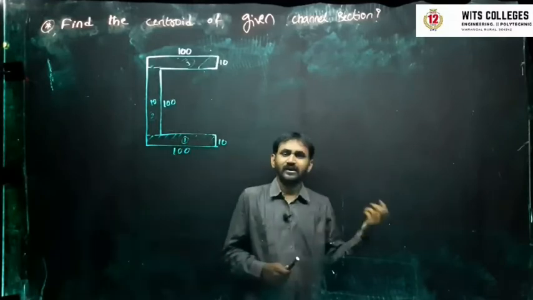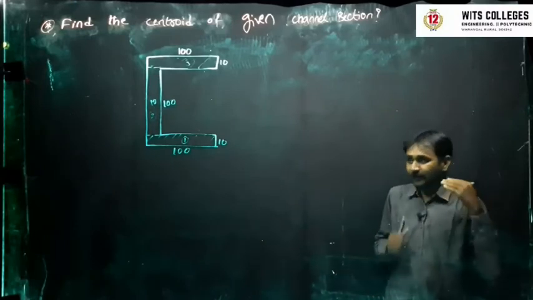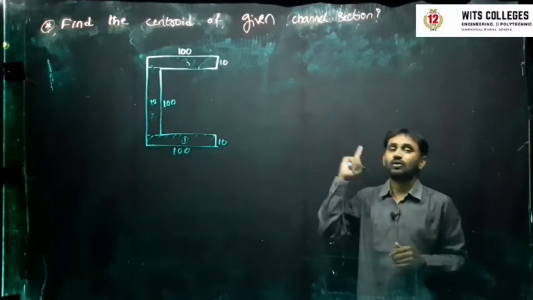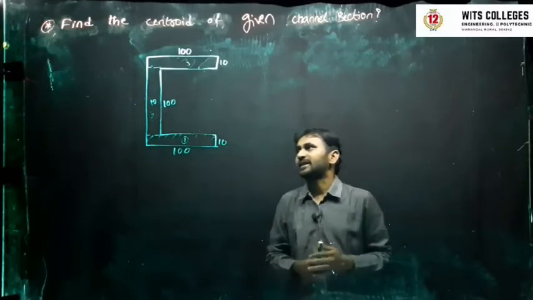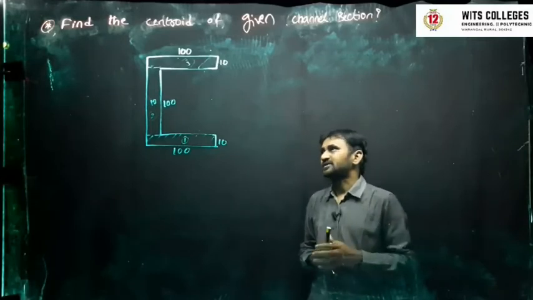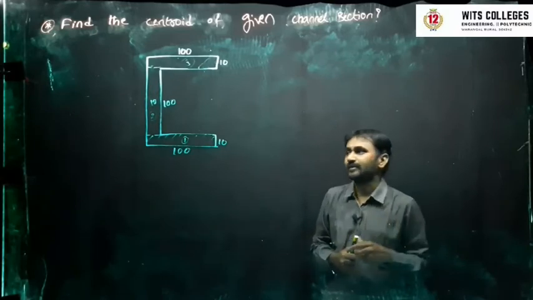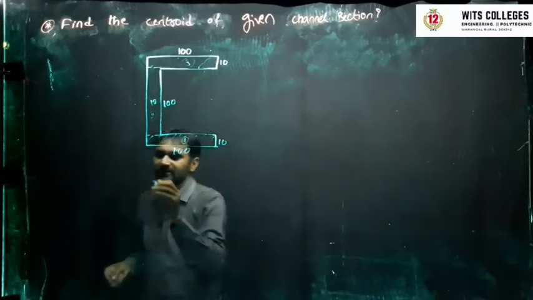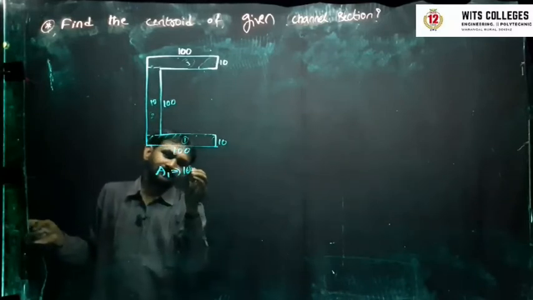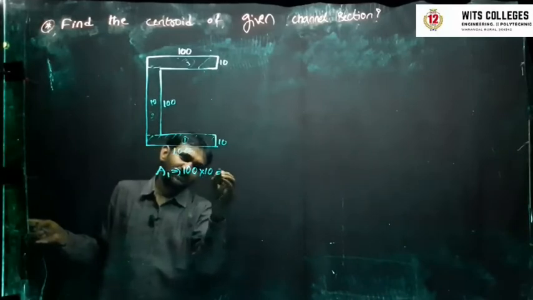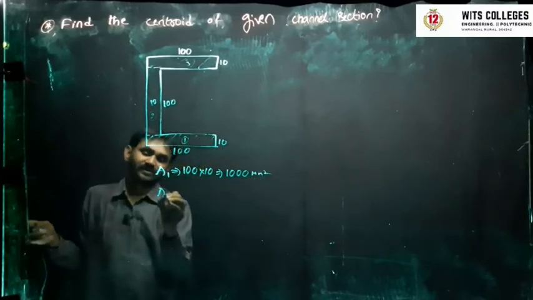Now again the same way I have to calculate A1, A2, A3, x1, x2, x3, y1, y2, y3. But in this particular case, this is a non-symmetrical section. When I cut the section in the vertical direction or in the horizontal direction, these are not symmetrical sections. So that's why I have to calculate the entire x bar and y bar. Let us see how to calculate it. First of all, A1 is 100 into 10, so this is 1000 mm square.